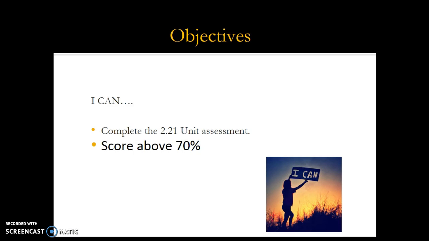Our objectives for today: as you complete the 2.21 unit assessment, we want to make sure that we score above a 70%. That is always our goal for every assignment, every test. I also want to remind you that using your own words, your own knowledge, and what you remember in the class is how you will gain your points for this test.